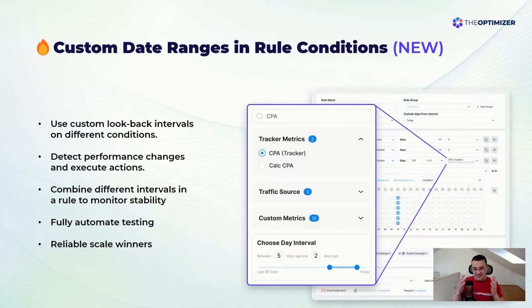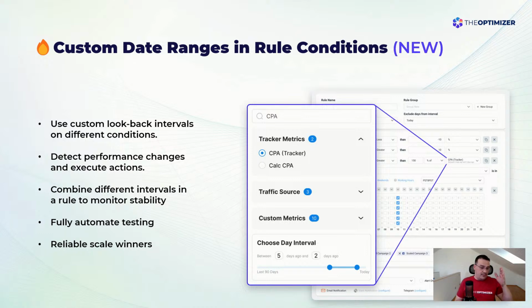Then we have, and this is very, very important, custom date ranges in rule conditions. What this adds to the automatic rules is practically the human touch, or what most media buyers do. At least myself, when I buy media, one of the frequent things that I do is look at one campaign on a day-to-day progress, especially for Facebook.